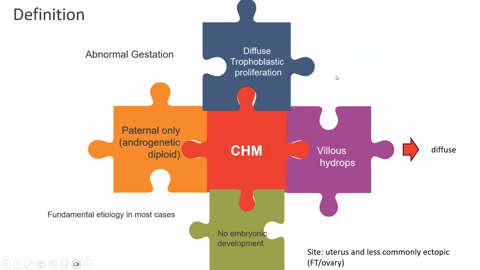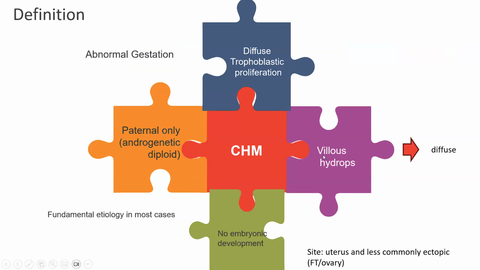Okay, now if somebody wants to know more about complete mole, I'm ready for this. The complete mole actually is considered an abnormal gestation comprised of diffuse trophoblastic proliferation. Thank God, we now all remember what trophoblasts are and what trophoblastic proliferation means. Proliferation means division of those trophoblastic cells that we all revised at the beginning of the talk.